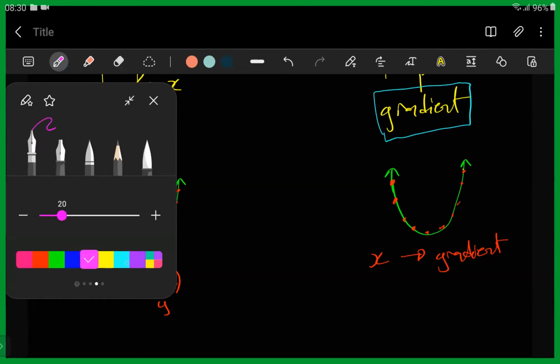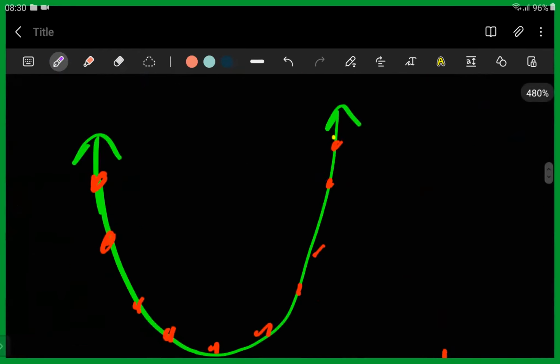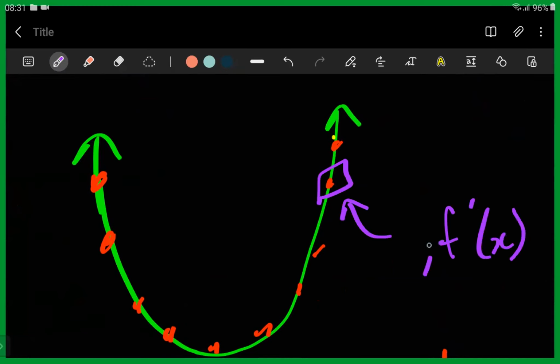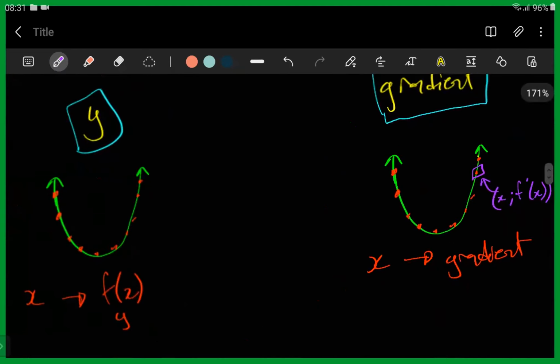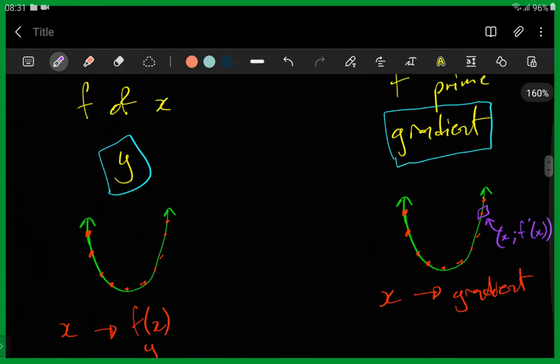So at a point like here, you can get the gradient if you put in the x value. That's how the first derivative works.